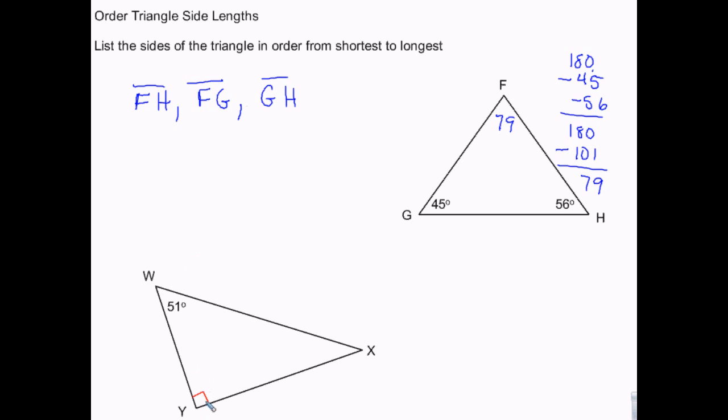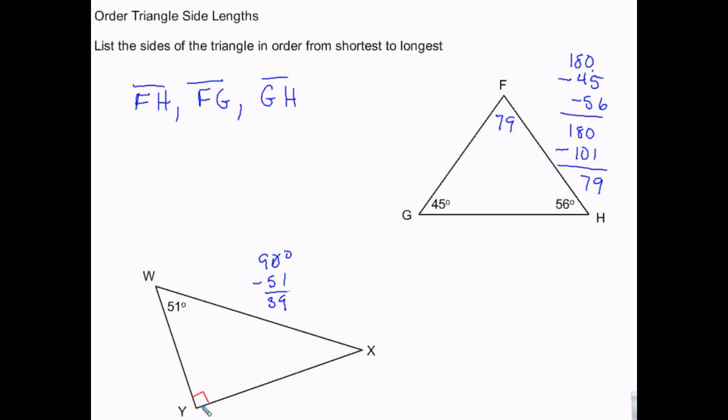Here, this is 90. So that makes 90 left. So I do 90 minus 51, and I get 39. Why do you subtract? To find this angle here. Yeah, but I thought you were supposed to. I know this is already 90, right?